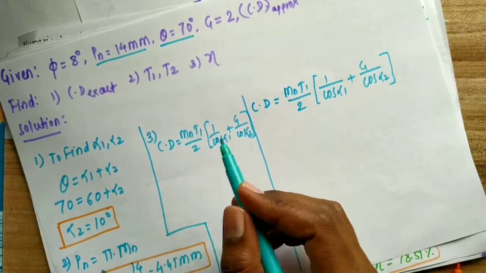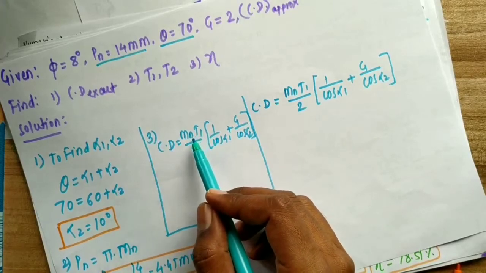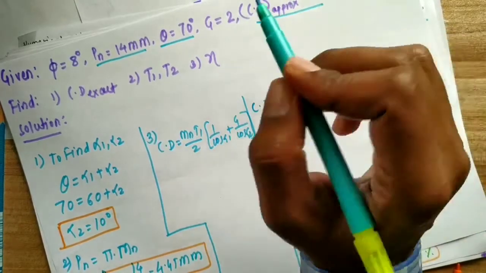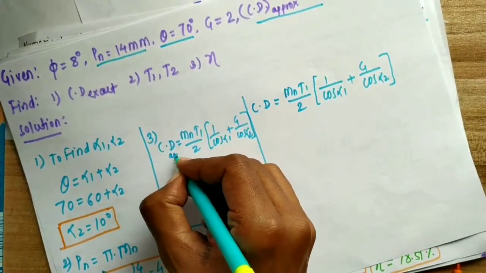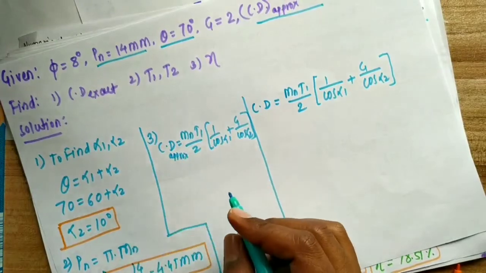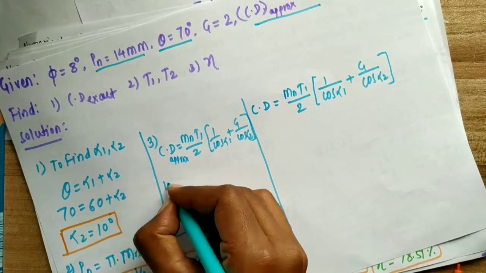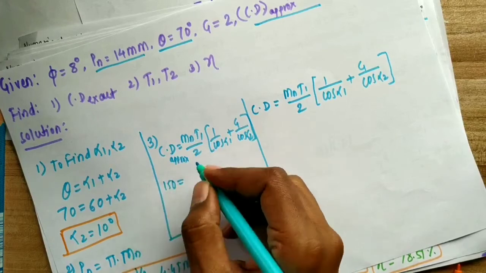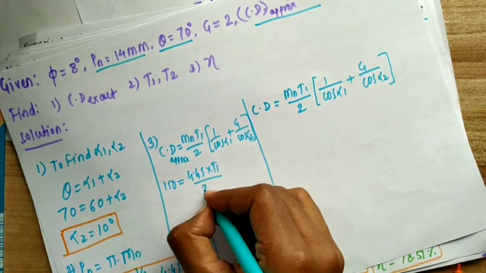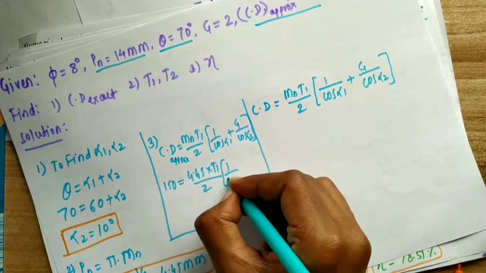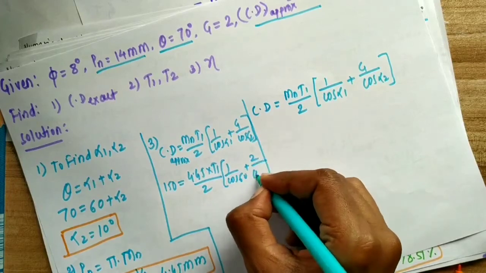Now what is given to you? Is the central distance known to me, as I am going to find T1? No. I know the value of the approximate central distance, and hence use the value of CD approx, which is equal to 150. If I put all these values, 150 equals 4.45 into T1 upon 2 into 1 upon cos of 60 plus 2 upon cos of 10.